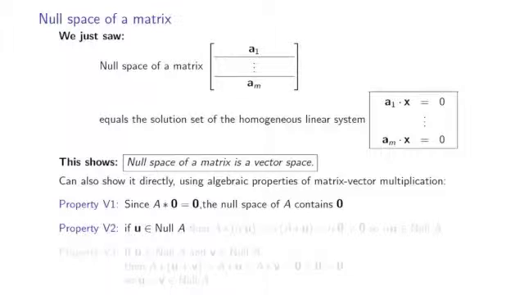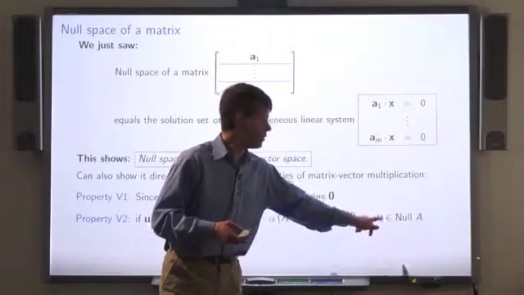If U is in the null space, then for any scalar alpha, A times the scalar alpha times U equals alpha times A times the vector. A times the vector is the zero vector.